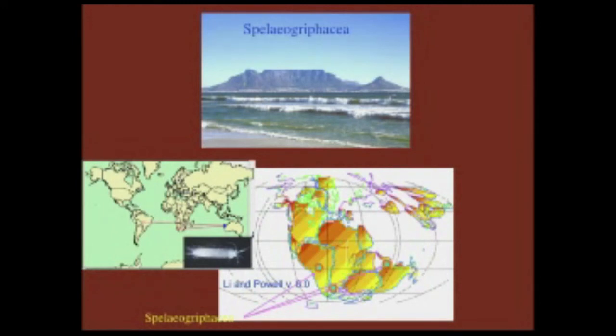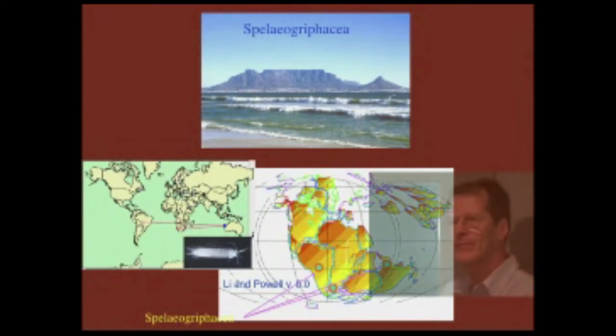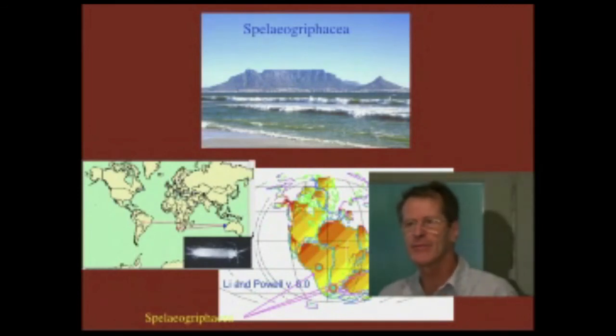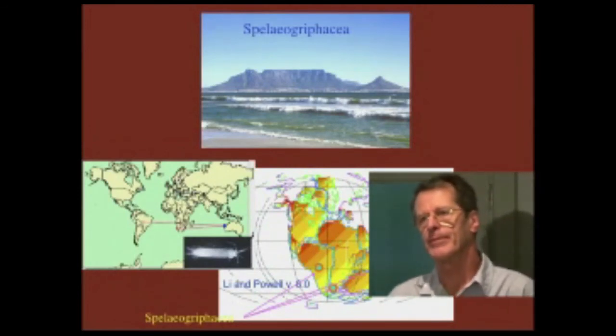The working hypothesis is that these animals were more widely distributed at the time of Gondwana, and that they've gradually separated, basically surfing on the continental plates over 100 million years or more.